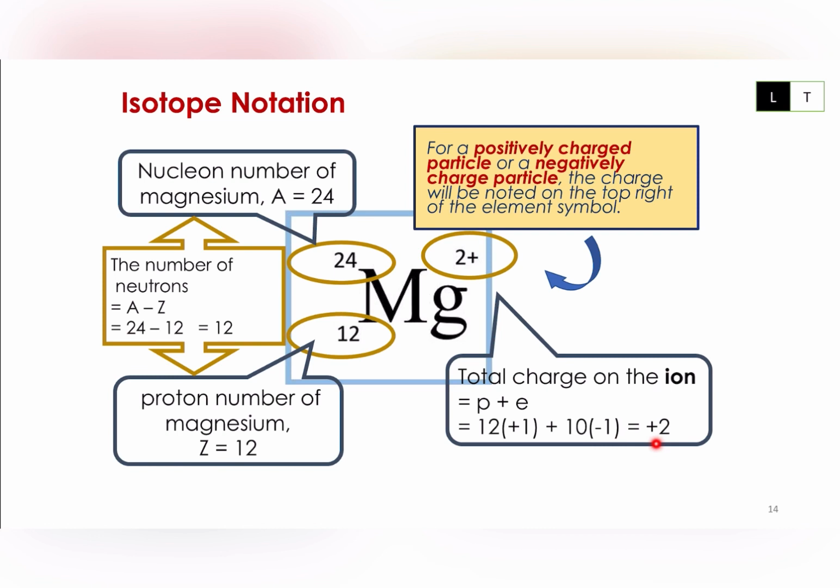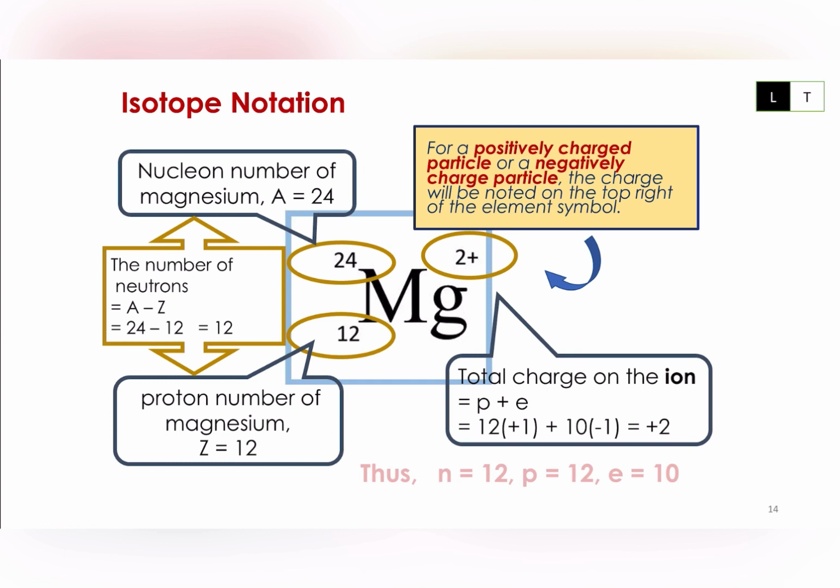But when you calculate, you are going to put the positive sign at the front of the number. But in isotope notation, the positive sign should be behind the number. So please be careful.